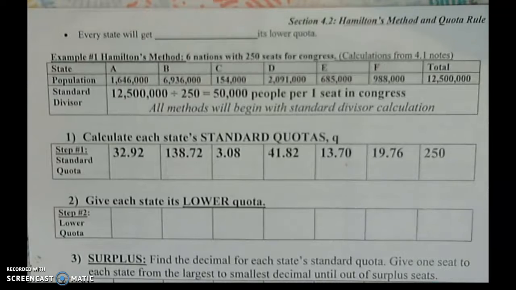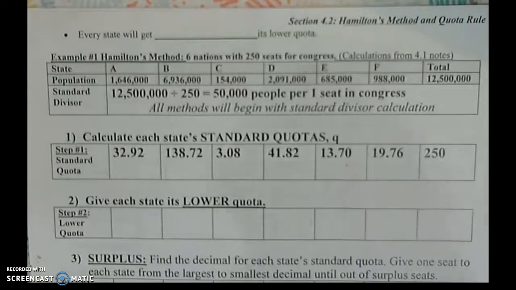All right, so we started talking about Unit 4 and apportionment, and giving out seats is the main focus that we talk about. Today we're going to start the first method, which is Hamilton's method, after Alexander Hamilton.